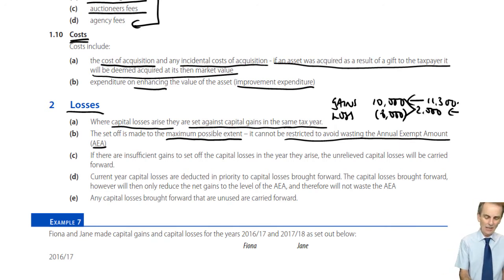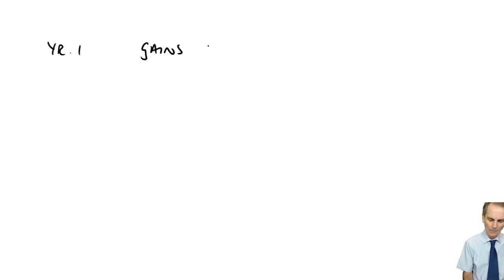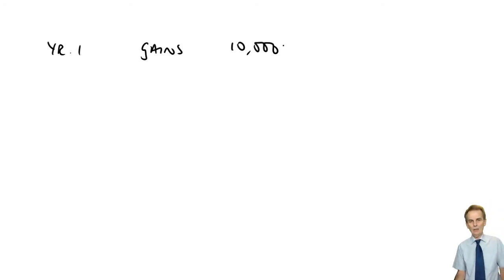So let's just get a little bit of blank paper here to look at. If we go through looking at 3 years, we'll just use 3 years here. And like we've just said, in year 1, we've made gains of £10,000. And let's say your client now suggested that they were going to make that other disposal and yield a loss of 8,000.